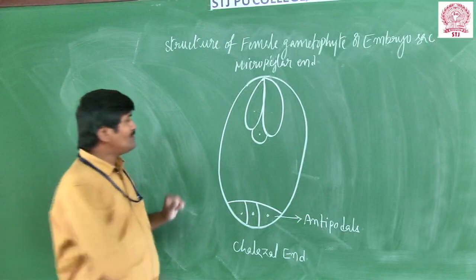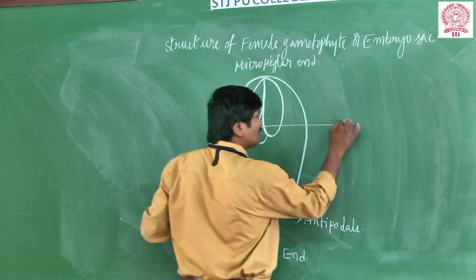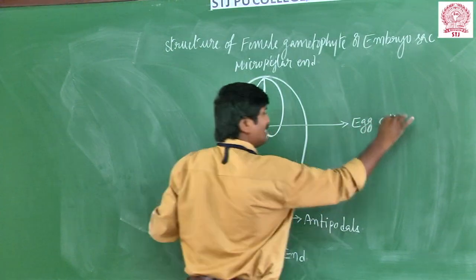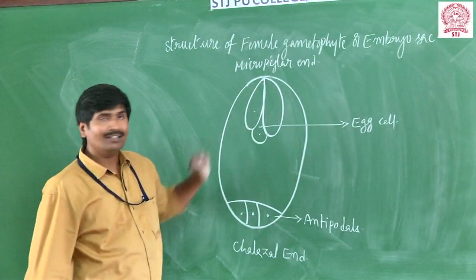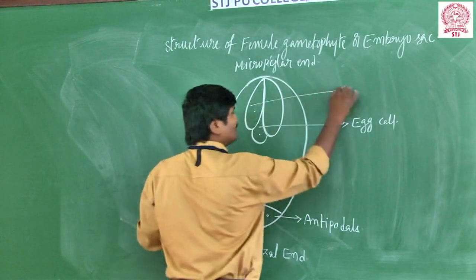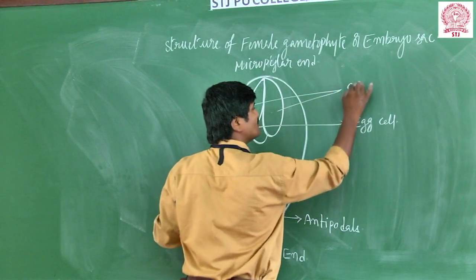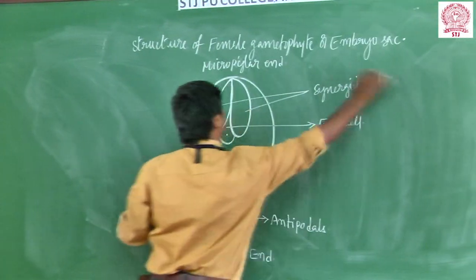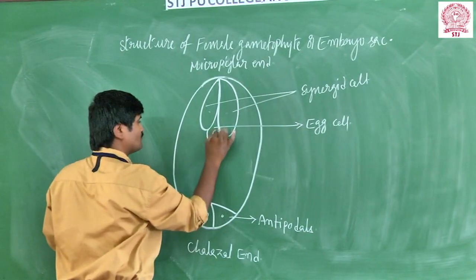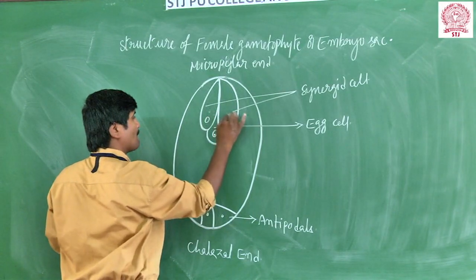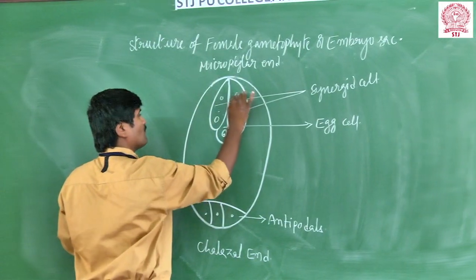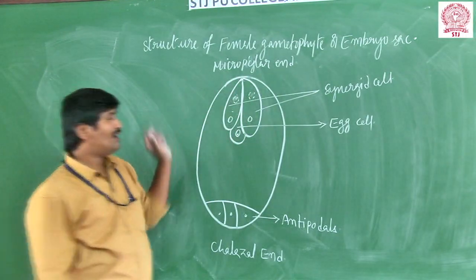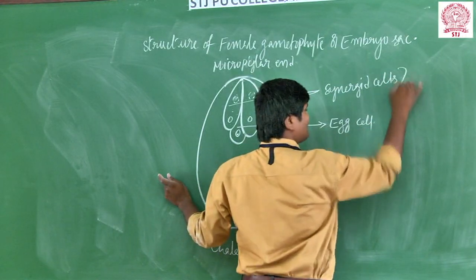In the egg apparatus, in the central position, is the egg cell. It is a bigger cell than the synergid cells. These are the synergid cells and the egg cell.